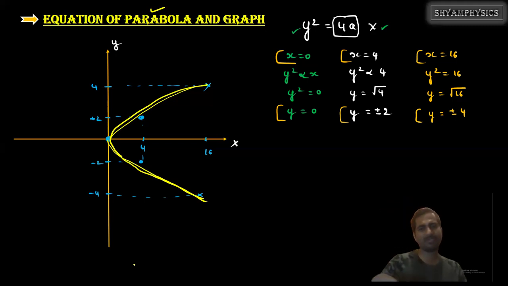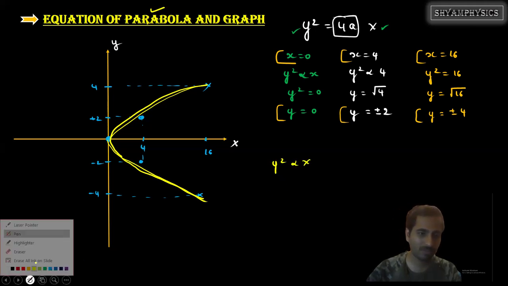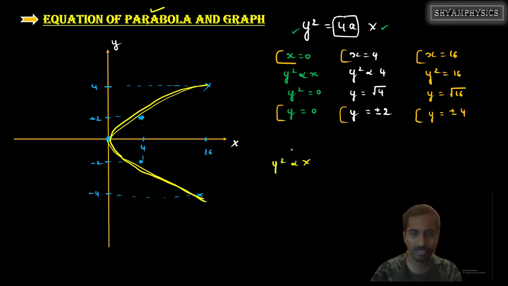We can analyze this in a simple way. We should not do all these things in calculation parts. I will tell how it works in physics. We have y square proportional to x. Now tell me one thing: what is the power of y? The power of y is 2. What is the power of x? 1. Correct. Take this graph, where this is y and this is x.